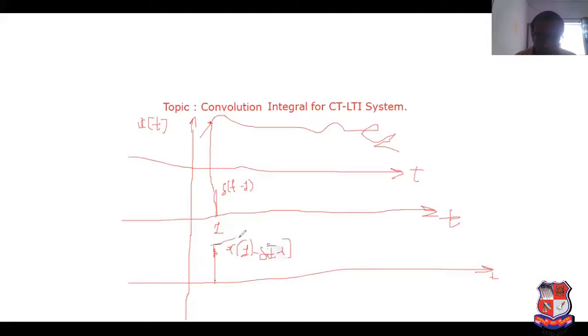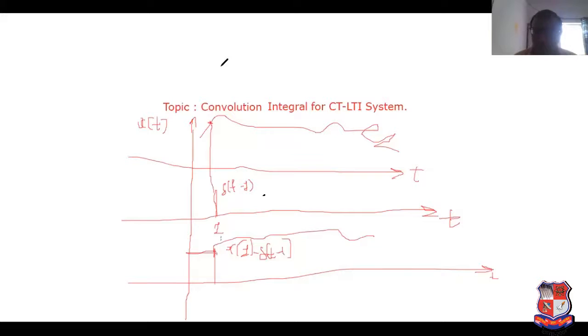Similarly for different values, we can multiply. So entire x of t can be represented in terms of delta. If you multiply with delta of t minus 1, we get only one particular value.